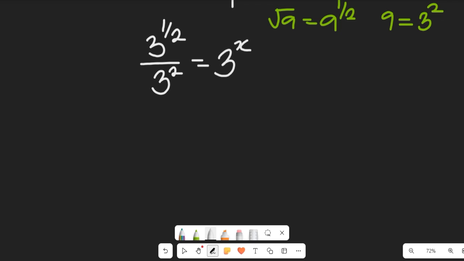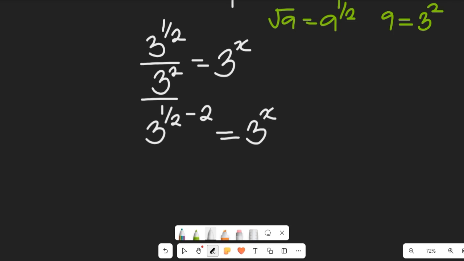According to the division law of indices, this whole expression will now give me 3 to the power of 1 divided by 2 minus 2, equal to 3 to the power of x.